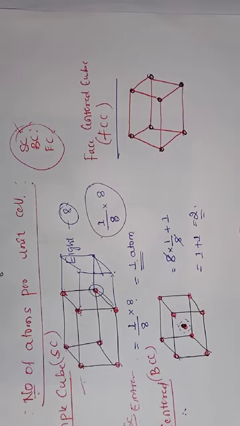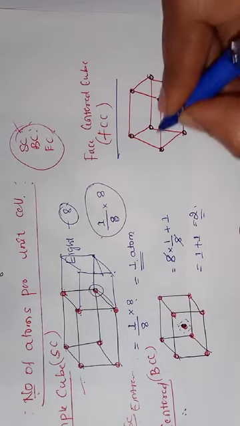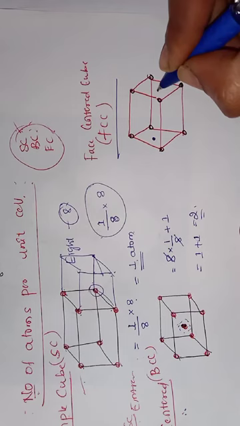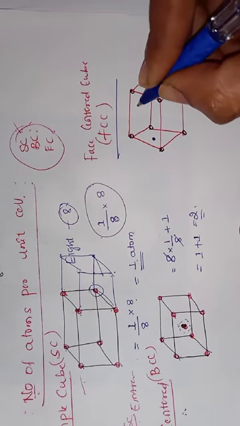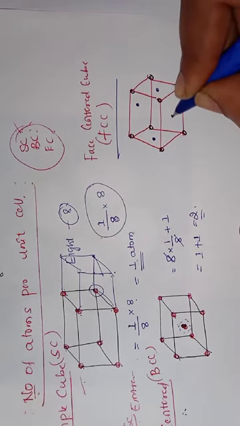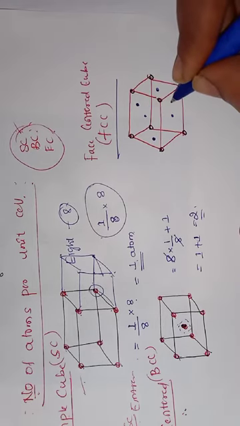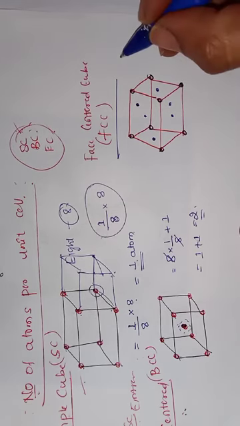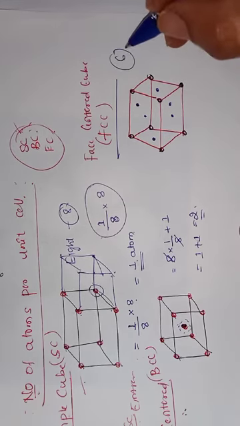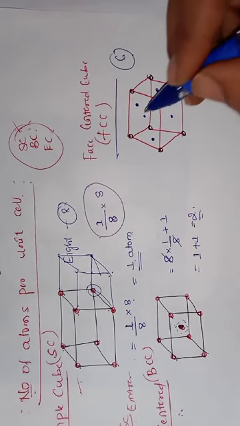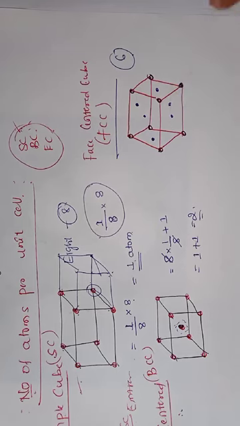Then faces, how many faces are there? There are 6 faces: one at left, right, behind, front, then upper one, then lower one. In the 6 faces, the atoms are arranged at the face surface.